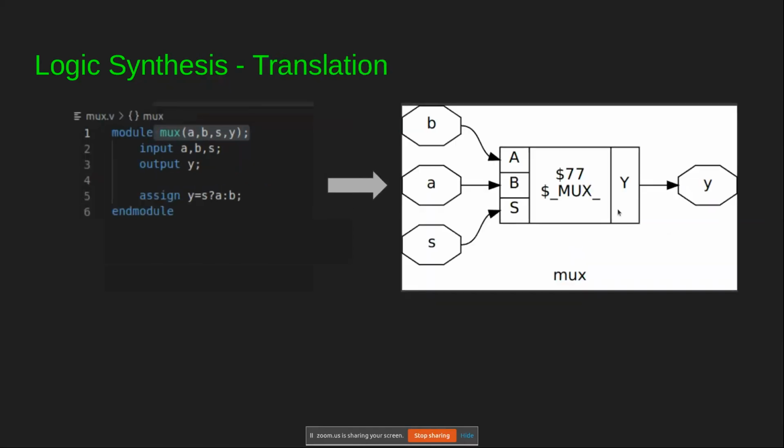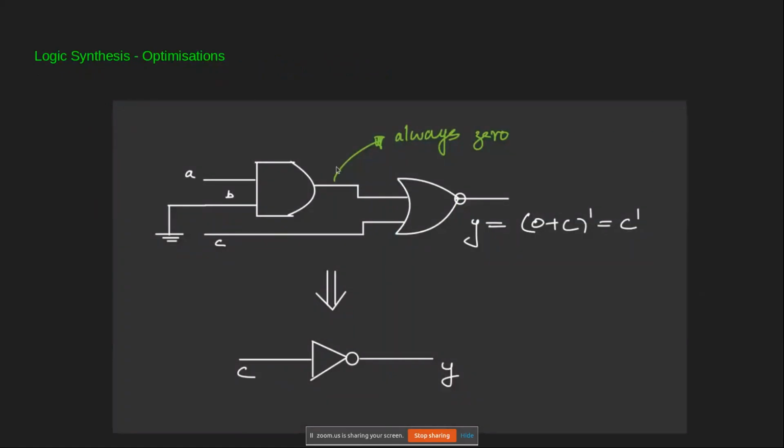That we will see later. Then the logic synthesis tool also does a lot of logic optimizations. Like in this case, this is called constant propagation. Since this is always 0, it can be easily converted to a NOT gate. So the synthesis tool does a lot of optimization techniques like this.